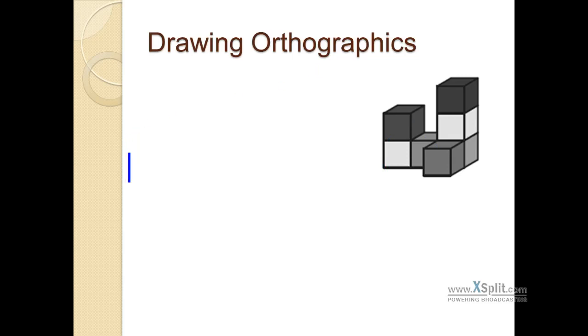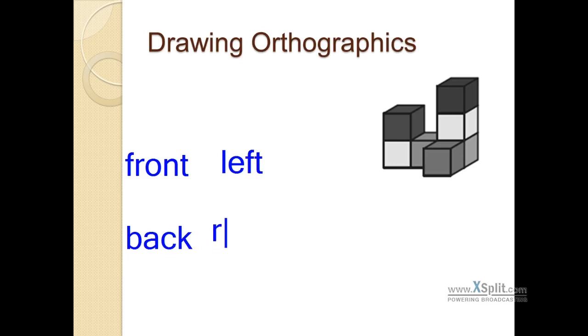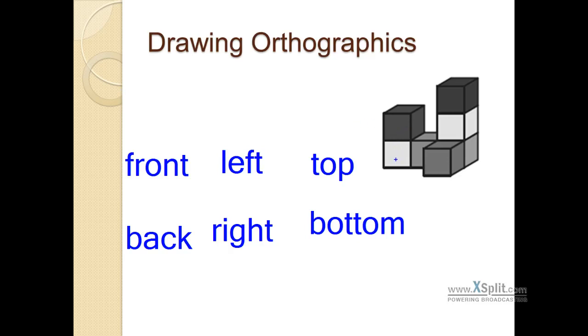Just one moment here. Front, back, left, right, top, and bottom. Alright. So front view. I see that it is 2 tall, 3 wide, and 3 tall on the right side.